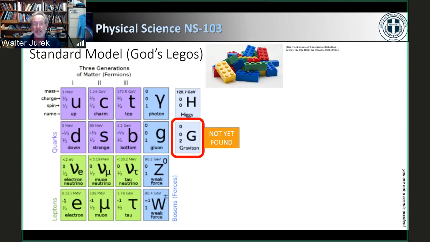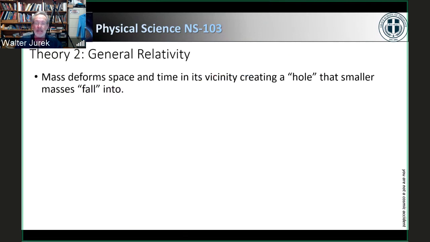So there's this other theory called general relativity, courtesy of Mr. Einstein. He said that anything that has mass deforms both space and time, creating a quote-unquote hole that smaller masses fall into, which means in this case gravity is not a force. It's a displacement of space-time. And that'll mess with your head a little bit.